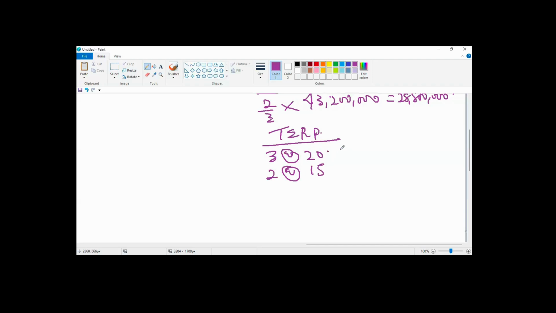So we have 15. 3 times 20 will give us 60, while 2 times 15 will give us 30, so this will give me 5 shares, while this will give me 90. So 90 divided by 5. 18. Thank you, my sister.